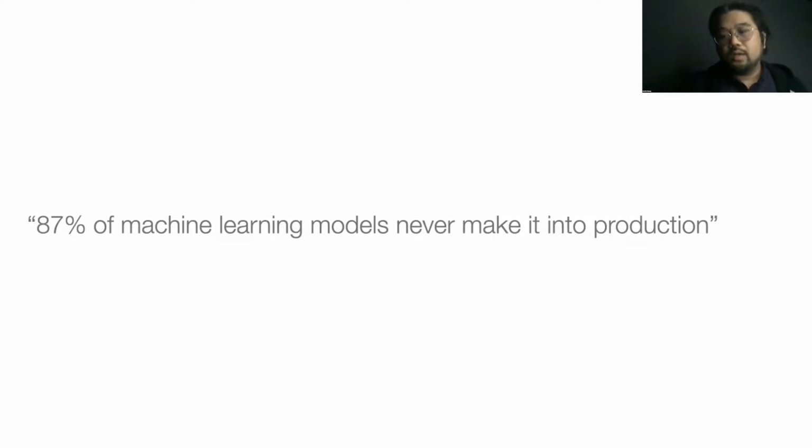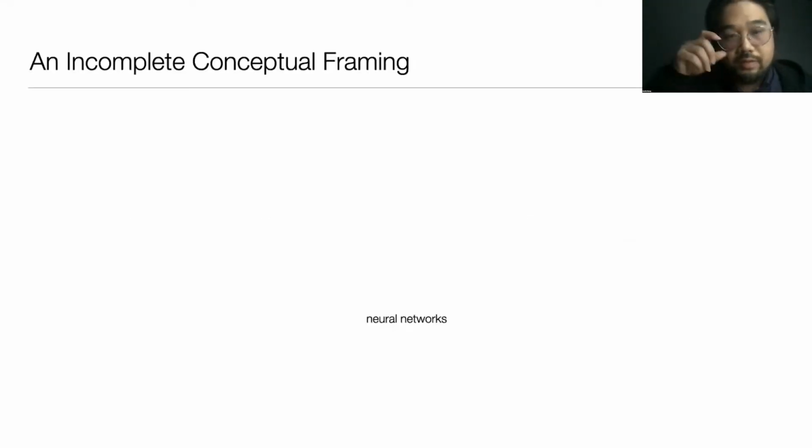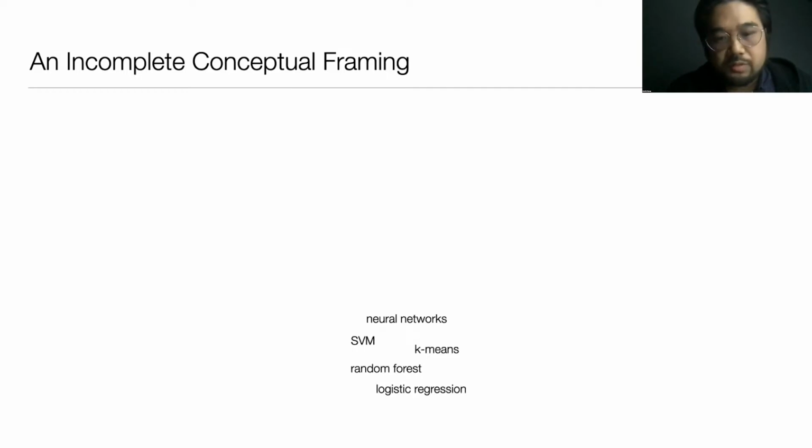to production? I think part of that stems from the way we frame what we're doing when we work with neural networks, when we work on machine learning projects. And the typical conceptual view goes something like this, right? Neural networks are a machine learning algorithm, and they're one among multiple machine learning algorithms like SVMs, k-means, logistic regression.